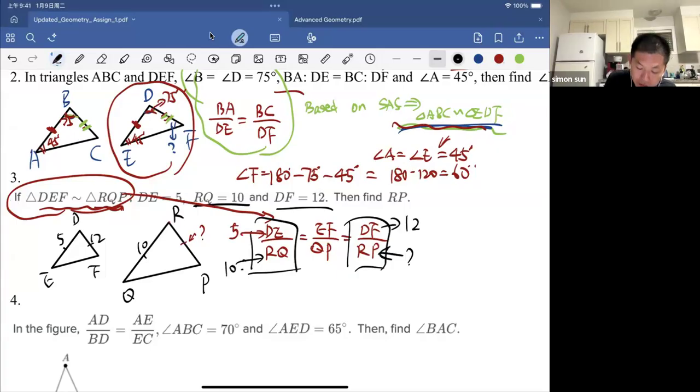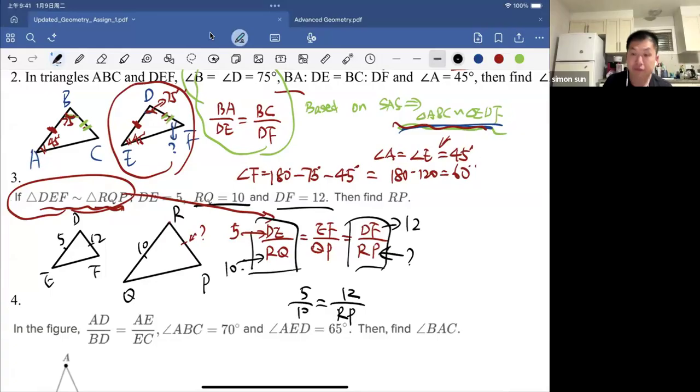Now we have the formula: 5 over 10 is equal to 12 over RP, right? Just take a look at the left fraction. The denominator is 2 times bigger than the numerator, so RP will be equal to 2 times 12, which is 24.